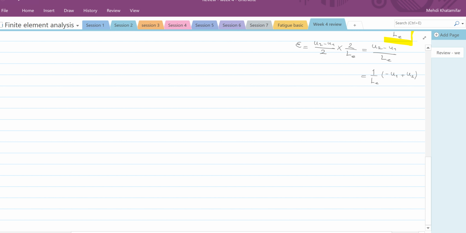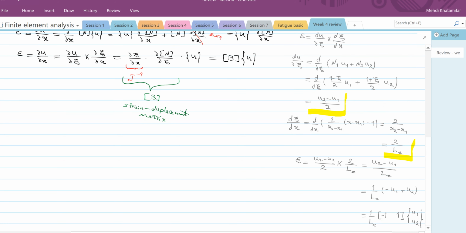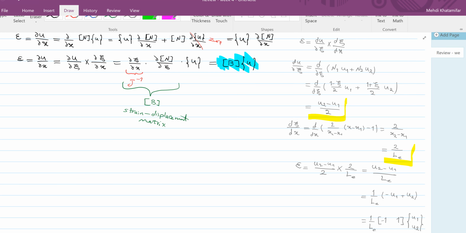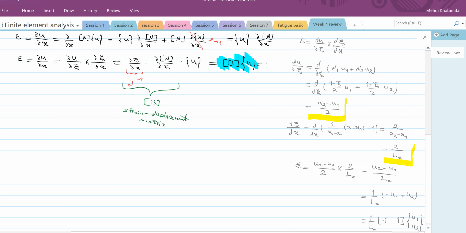So I can rewrite this as this matrix formula: minus 1, 1 times u1, u2. If you remember from here, this is equal to strain.